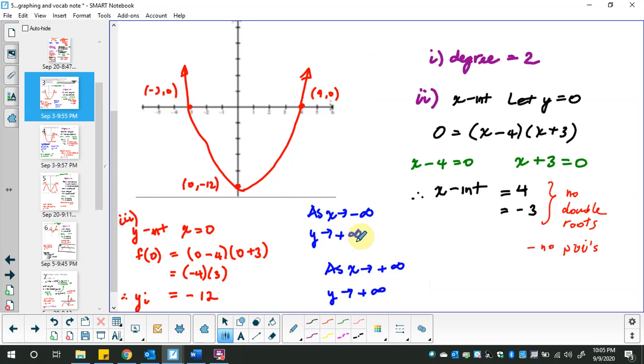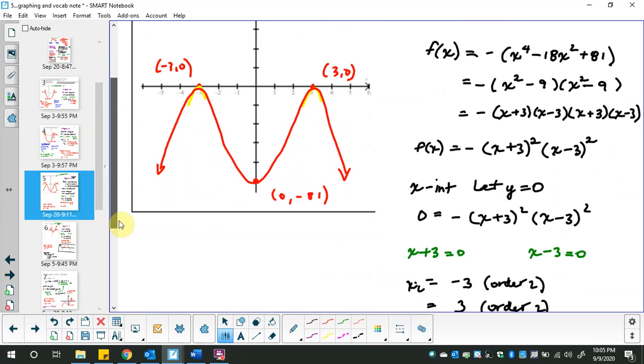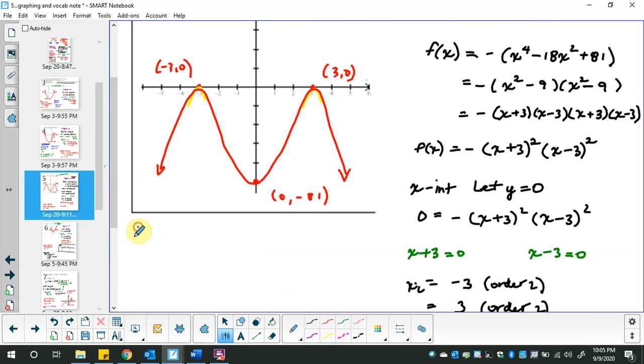Let's see if I have enough room to write it slightly different in the next one. Depends on how your brain works, which is why I'm giving you options. As x approaches negative infinity, y approaches.